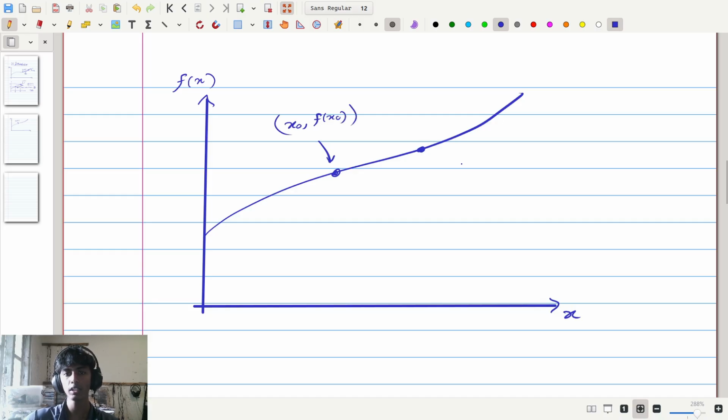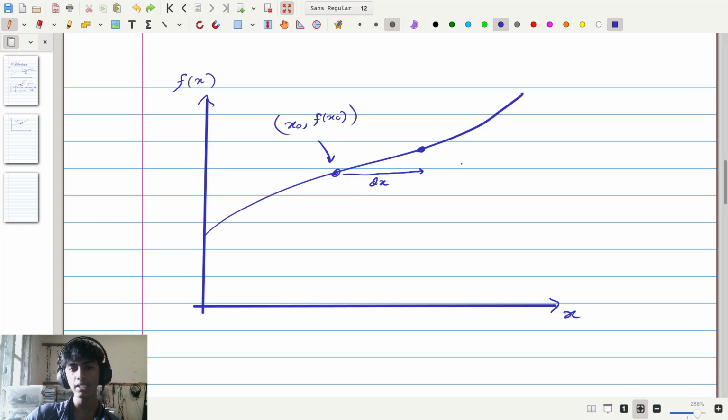Let's say this other point is a certain distance which I'm going to call dx away. Now here dx is not some symbol d times some symbol x, it is its own quantity dx. It's similar to the delta x we had earlier, except in differentiation I'm going to put a different symbol, dx. Some places use the symbol h to represent this quantity. Some people just say delta x.